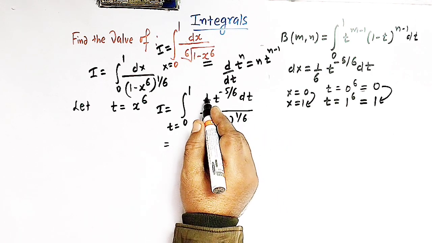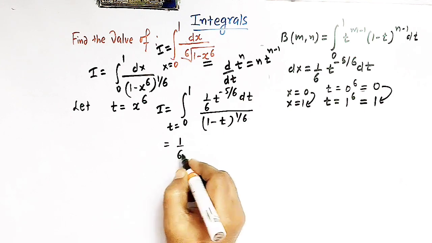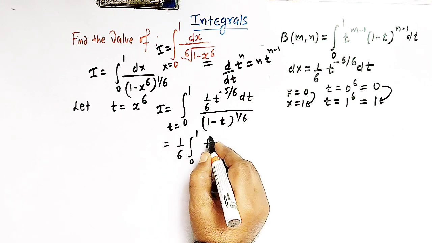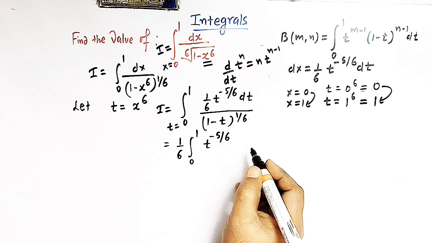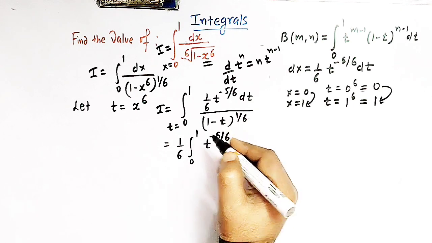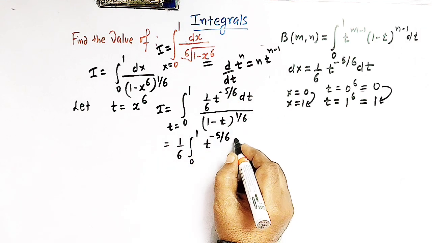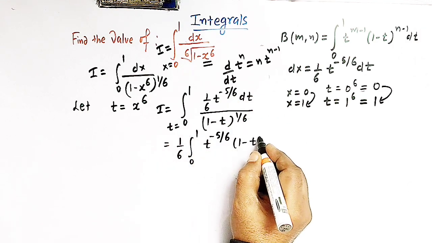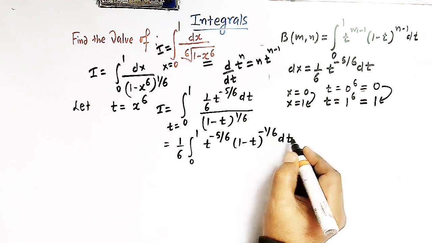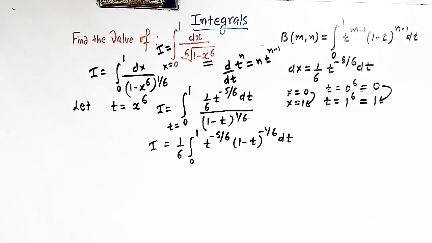So now taking 1 over 6 outside the integral, we have 0 to 1, and then we have t raised to minus 5 over 6, and taking 1 minus t raised to 1 over 6 to the numerator, we can now write 1 minus t raised to minus 1 over 6, and here we have dt.